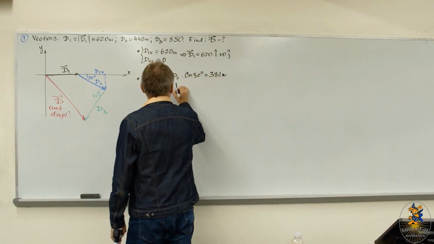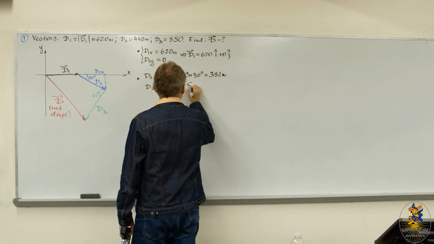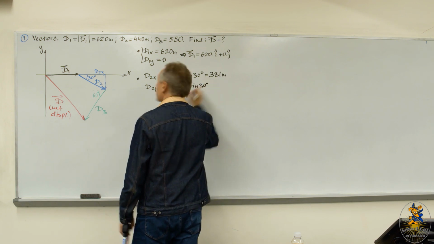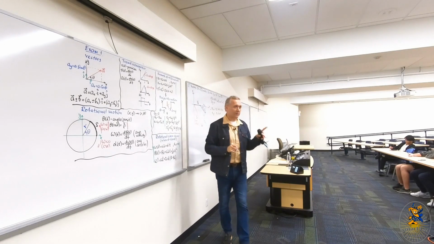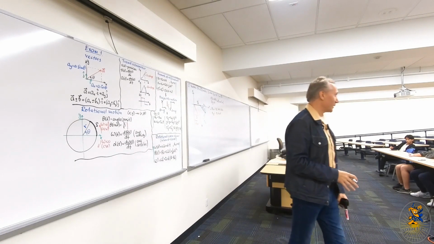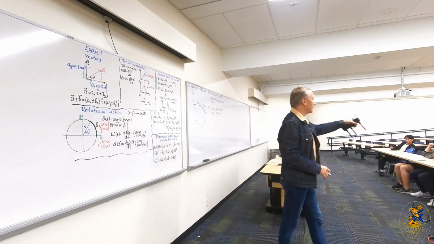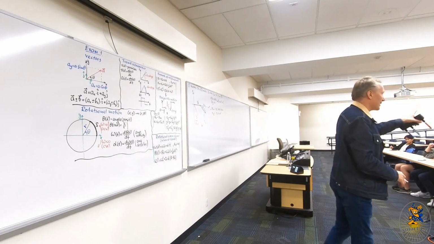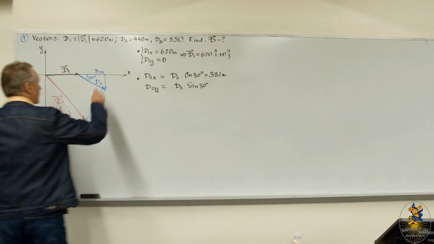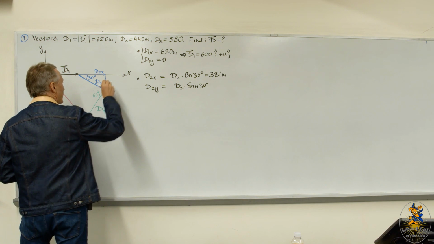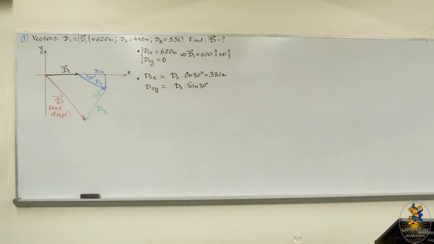So then the y component, of course, is D2 times sine of 30 degrees. Sine of 30 degrees, I remember by heart. It's 1 over 2. This component, positive or negative? This one is negative, because this component points in the negative y direction.